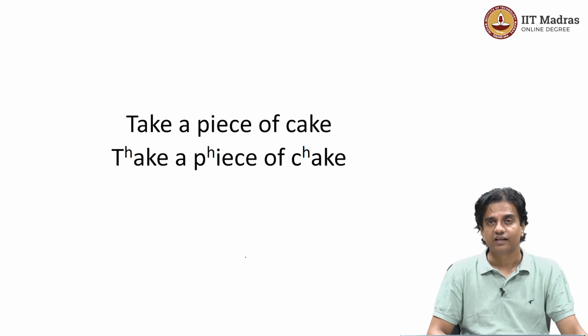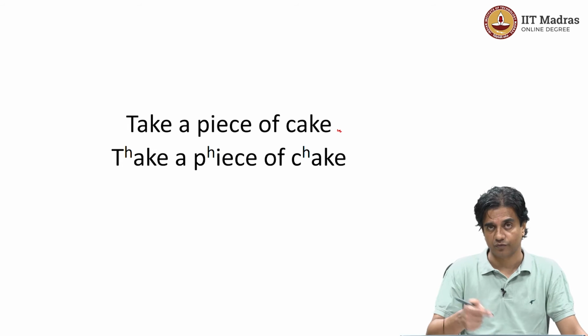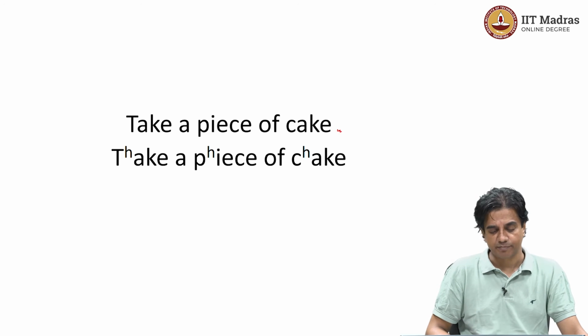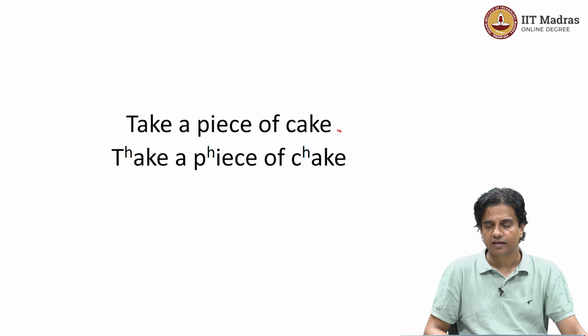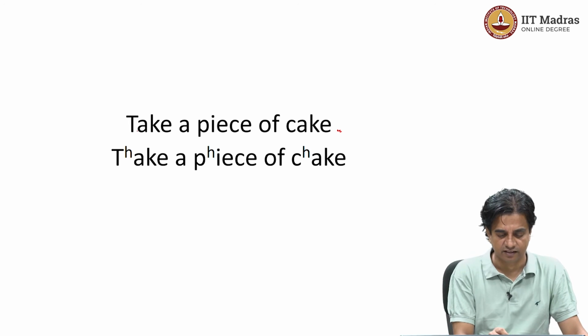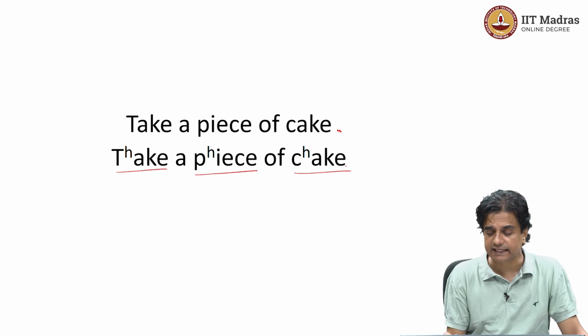How do we read this sentence? This is, take a piece of cake. It's an imperative sentence. We will be looking at sentences a little later. This is an imperative sentence, but there are 3 words in this sentence: take, piece, and cake.